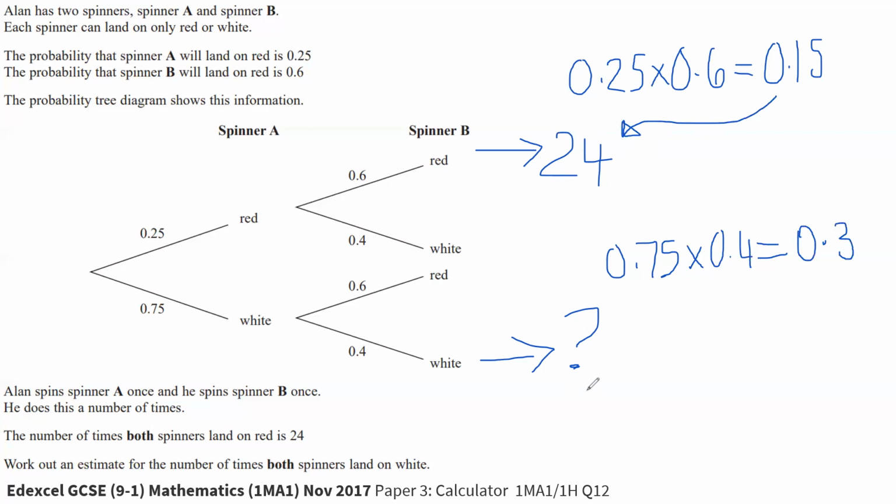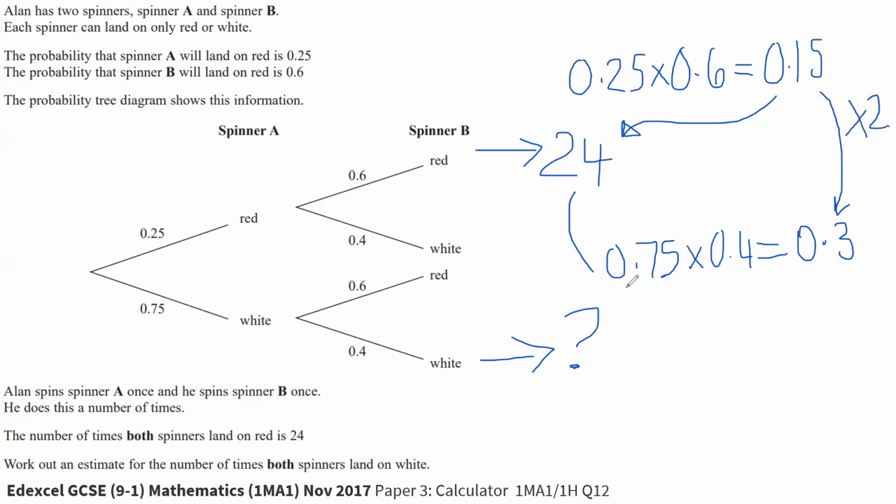And we've been asked for an estimate of how many times both spinners land on white instead. Now you'll notice that the probability that both spinners land on white is exactly double the probability that both spinners land on red. So that actually makes it quite straightforward for us. So we know that 24, if we double the probability from 0.15, we times that by 2, we get 0.3.